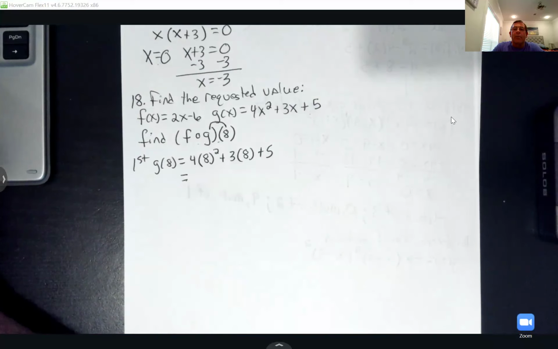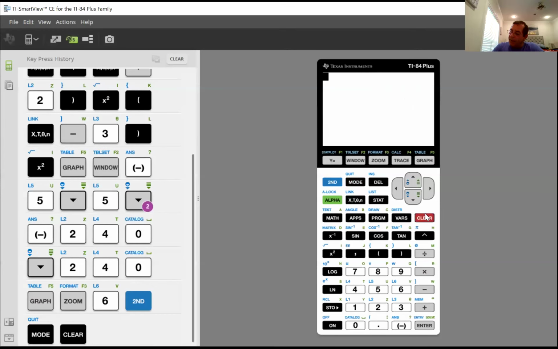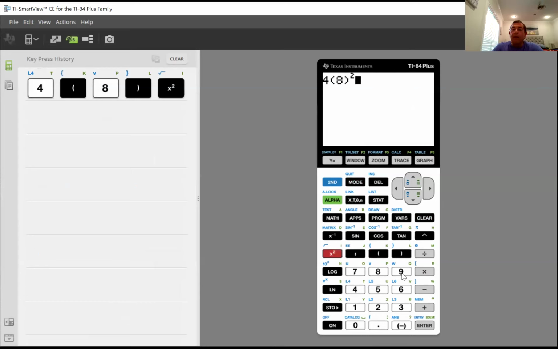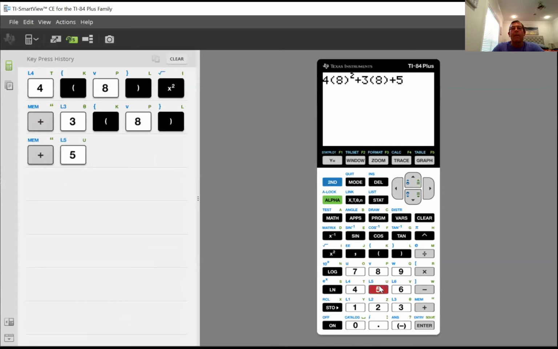So I'm going to hit second quit, clear that. All righty, y'all. So I had a 4 times 8 squared plus 3 times 8 plus 5. Well, I'm expecting that to be a fairly big number. Let's see. So, whoa, that equals 285.